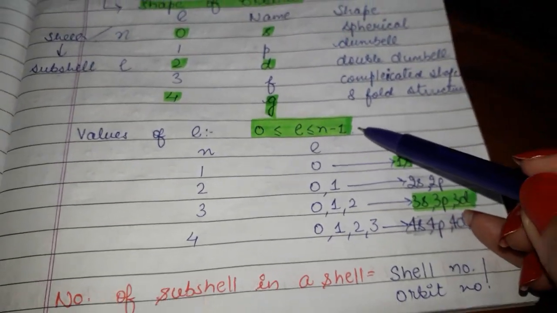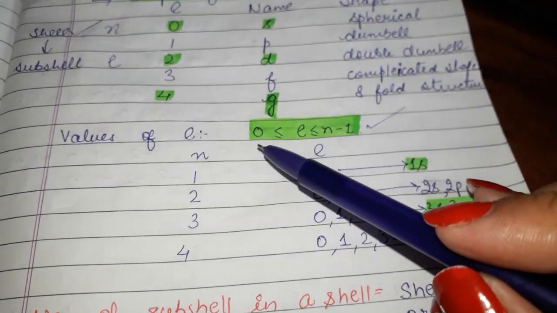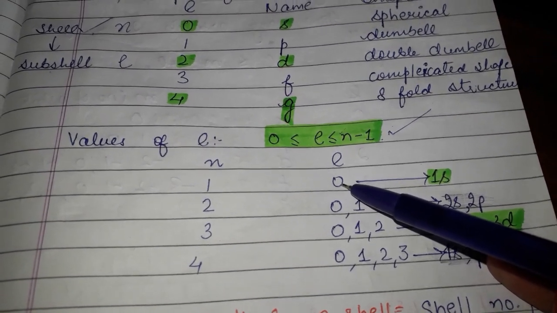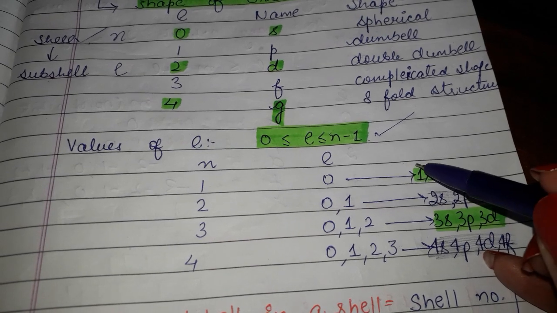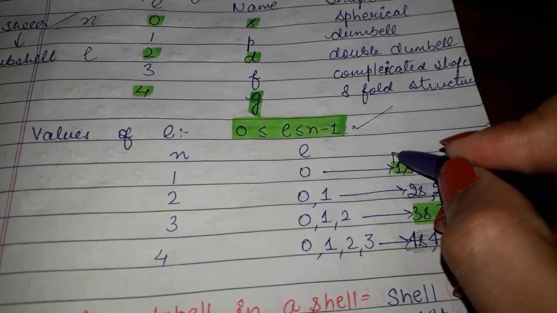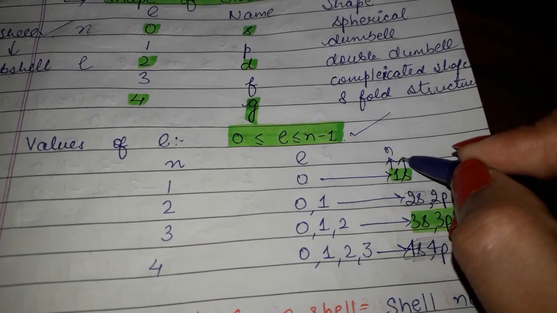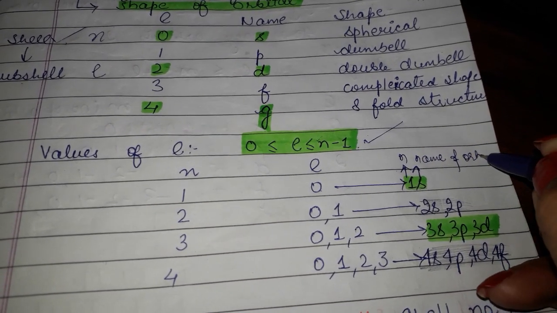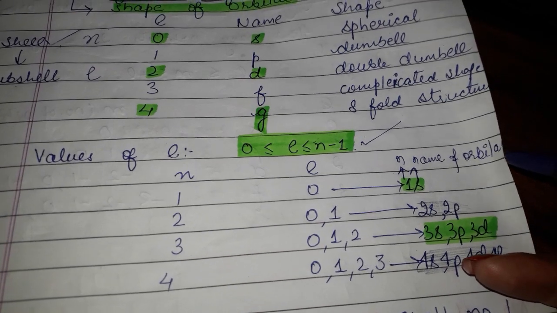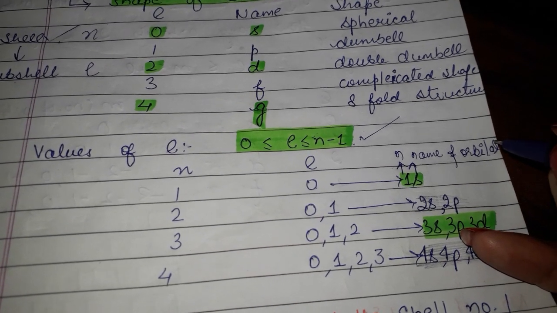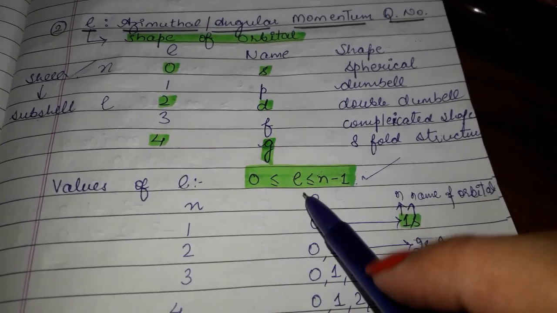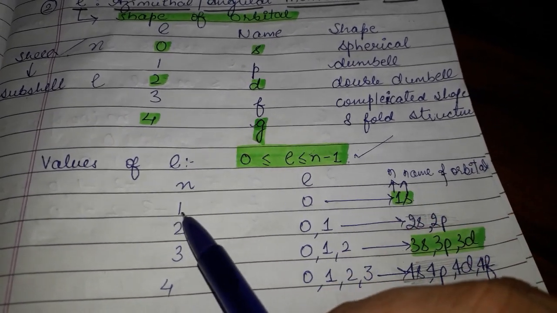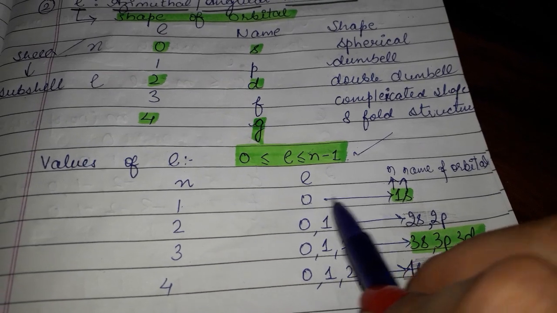Now, according to this formula, if the value of N is 1, the value of L will be 0. This is written as, this is the value of N and this is the name of the orbital which is given by L. For L equal to 0, the name was S. So, this is 1S.